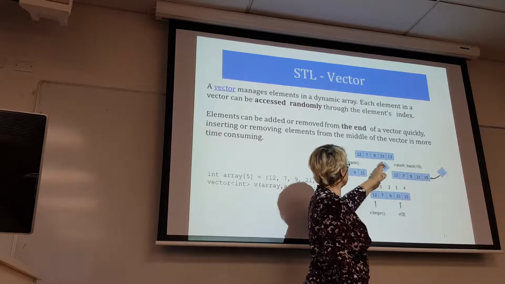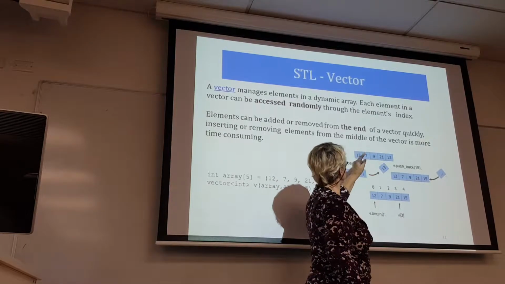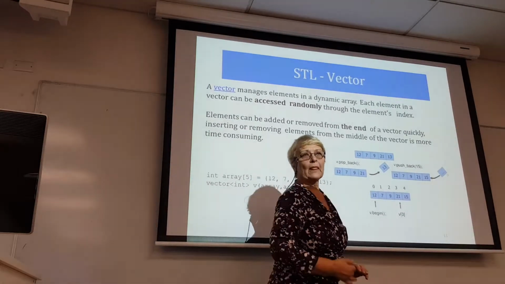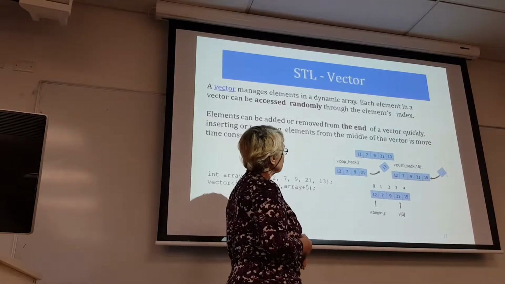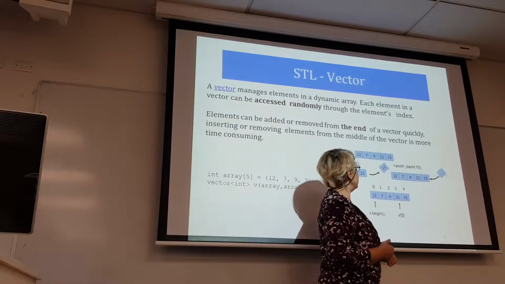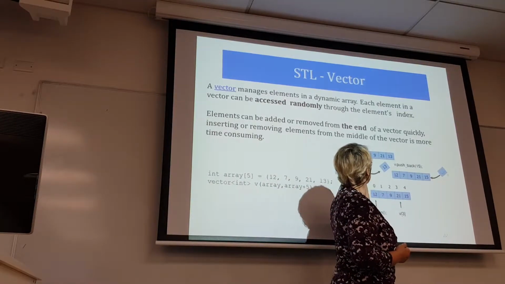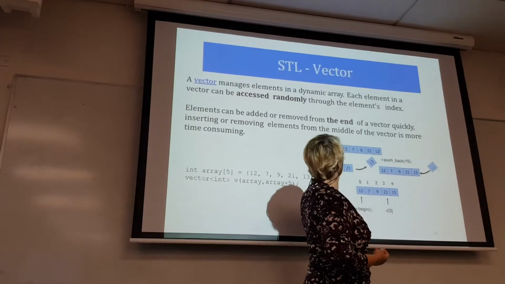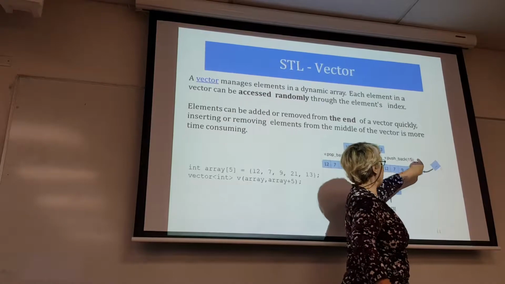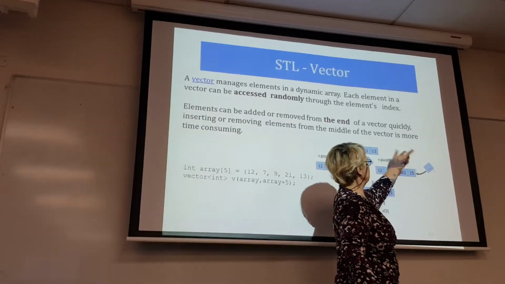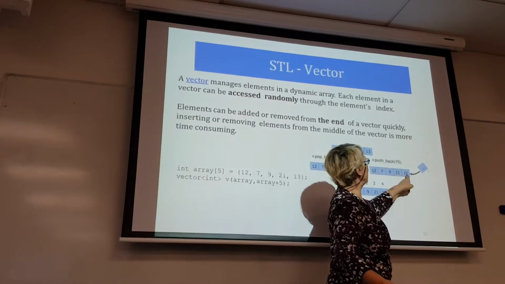So as you can see, if this is V, pop back doesn't take any argument and removes 13, which is returned by the method. V push back adds an element, this argument, to the vector at the end.